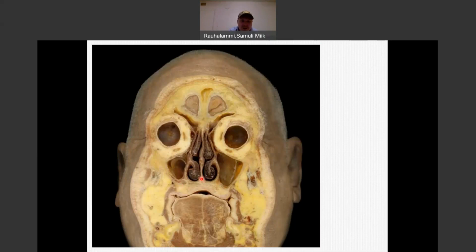So one of the structures that we see here is the nasal septum. That's the midline separating the two halves of the nasal cavity. I'm going to change my mind and I will draw it here. So that was our nasal septum.